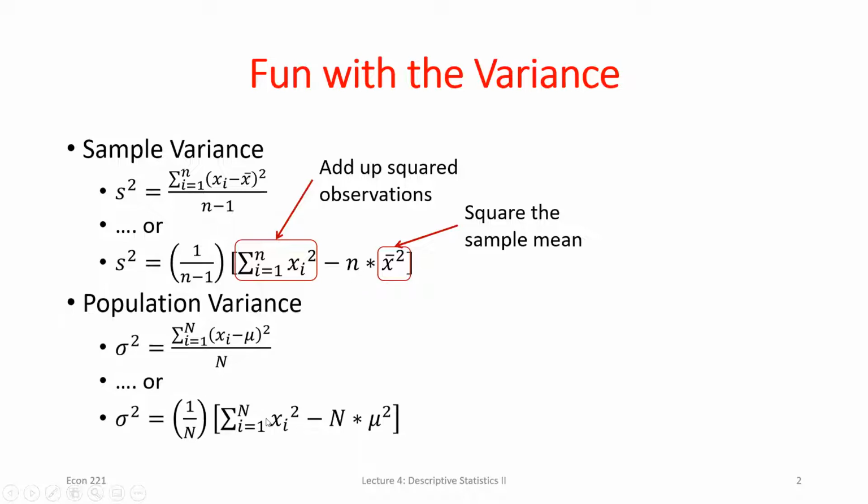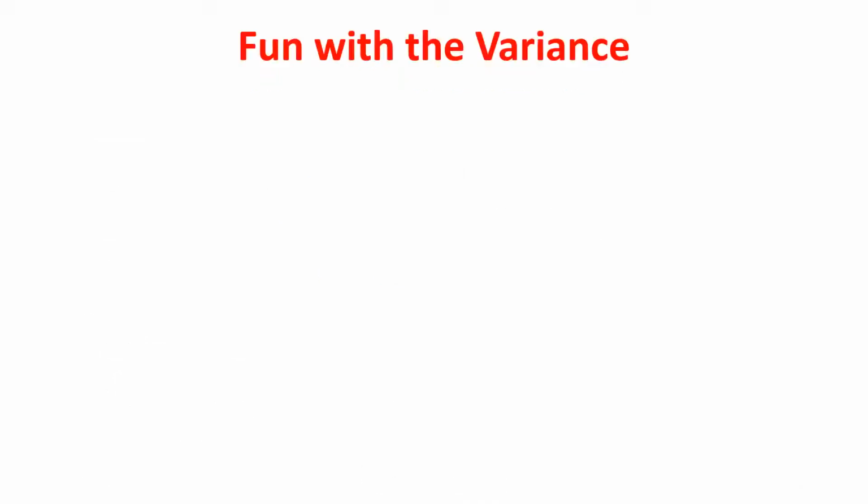It's going to be the exact same formula, just instead of the sample mean, you're using the population mean. Instead of the number of observations in your sample, the number of observations in your population. The only real difference there is instead of dividing by n, for the sample, we divide by n minus 1. Or, as we said last week, dividing by a number is the same as multiplying by 1 over that number, okay?